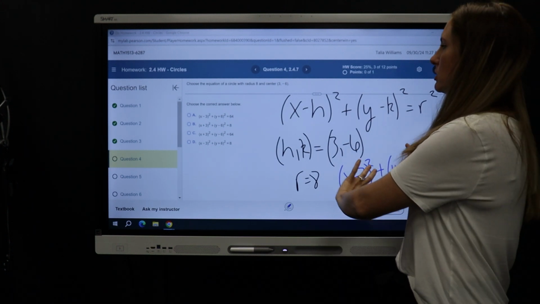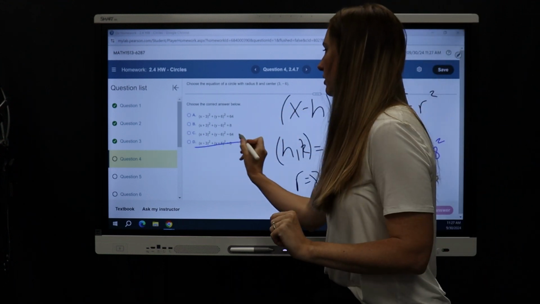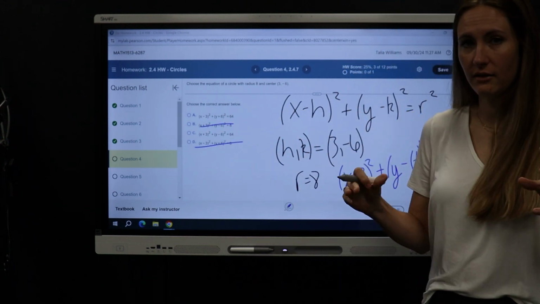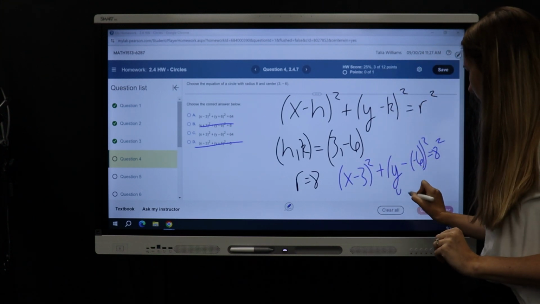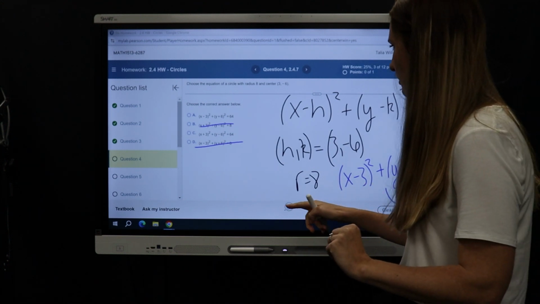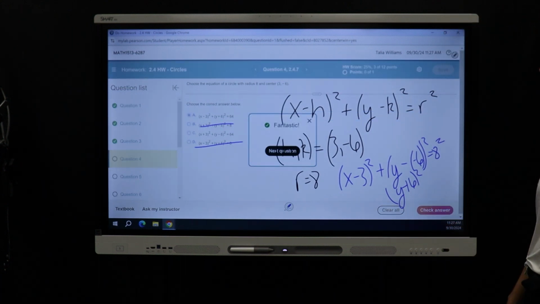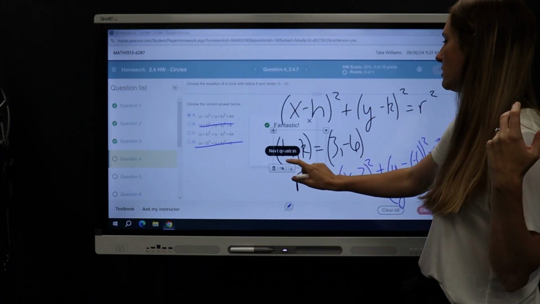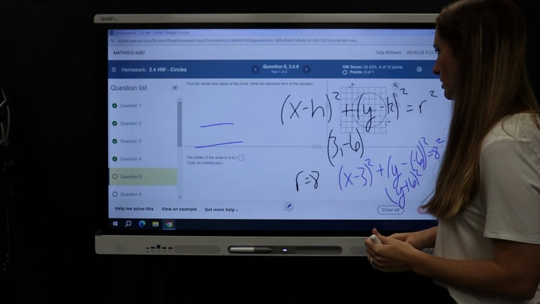So they're always going to want you to simplify this out. Since 8 isn't squared in B or D, those are wrong, because you have to have 8 squared. And then we're going to have y plus 6 squared here. Just remember that the original equation has that subtract, so you have to change it.